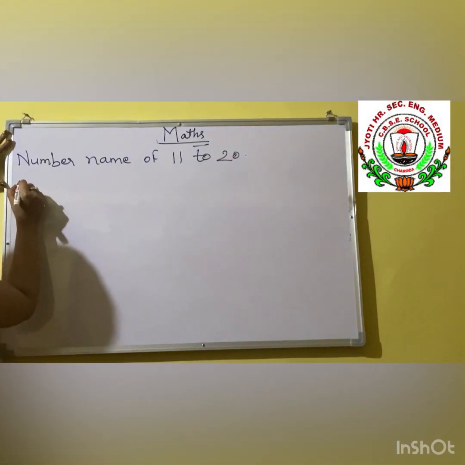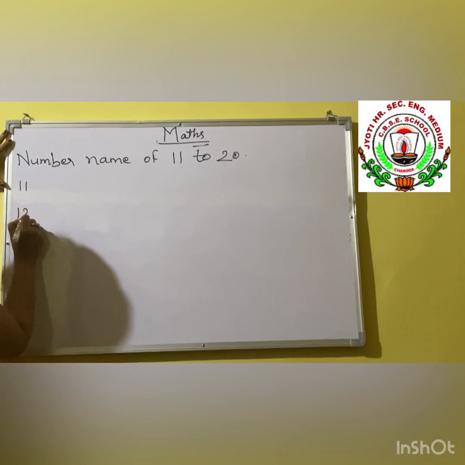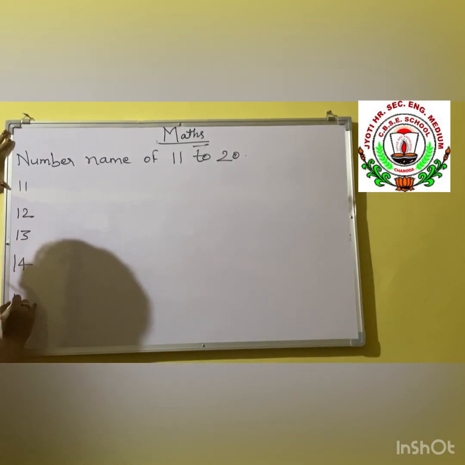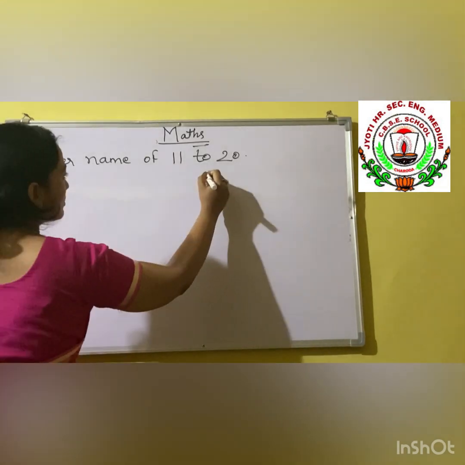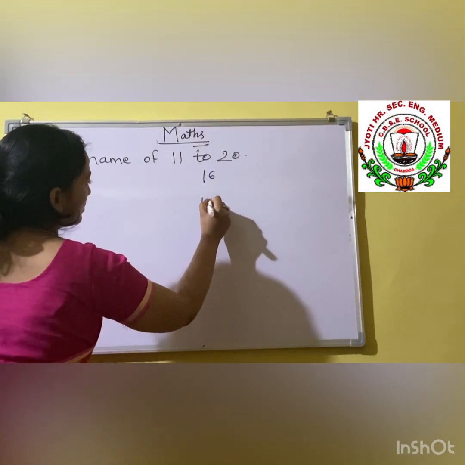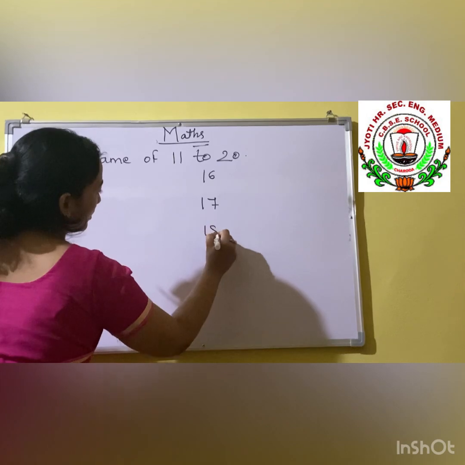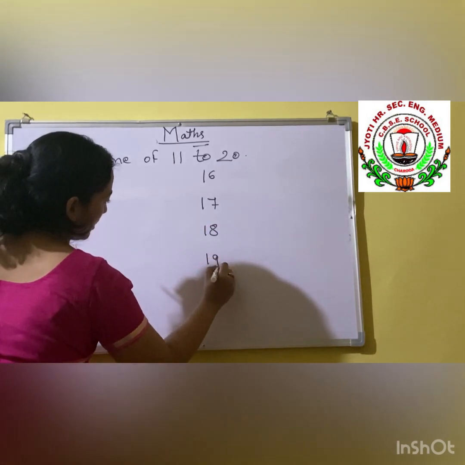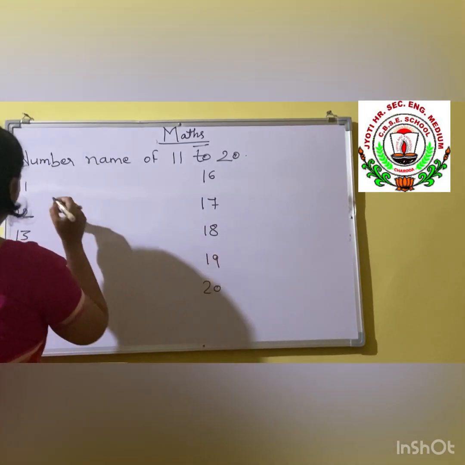Here we are: 11, 12, 13, 14, 15, 16, 17, 18, 19 and 20.